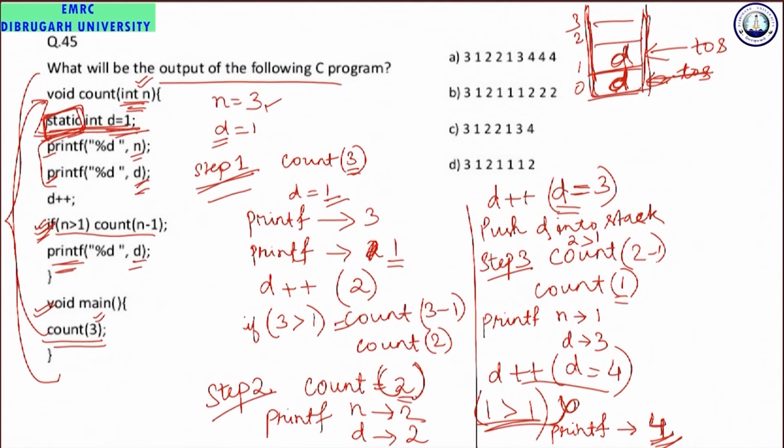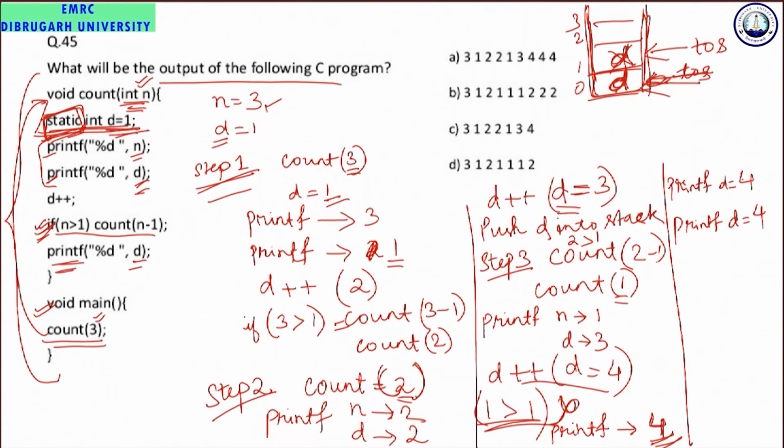So, it will reflect this one. So, here now printf, your d is 4, d is equal to 4. So, this is being removed, then coming to this location, here printf d is equal to 4.